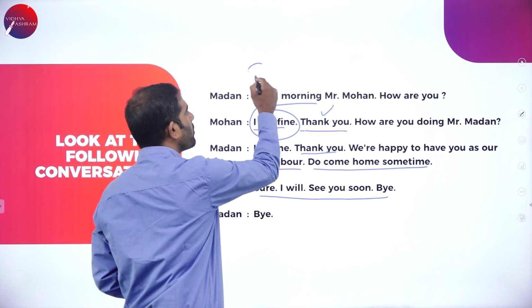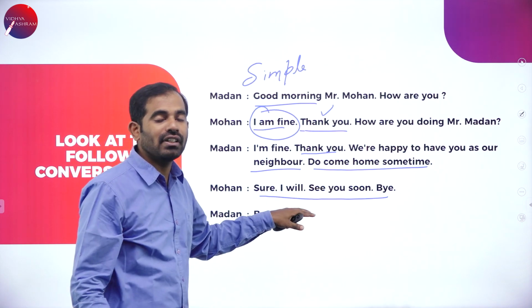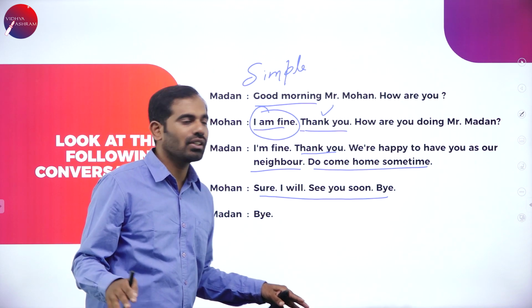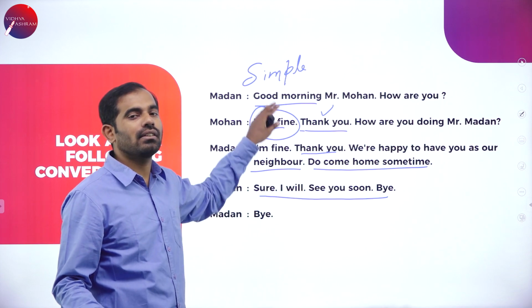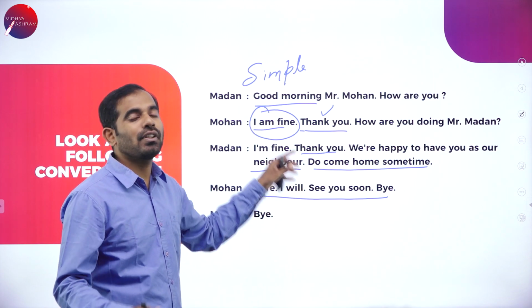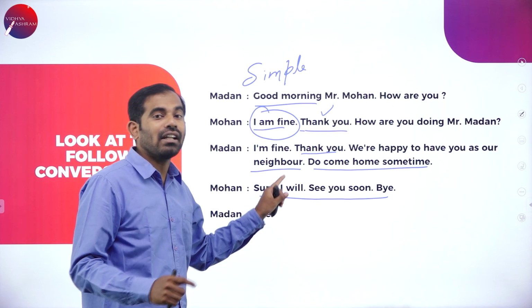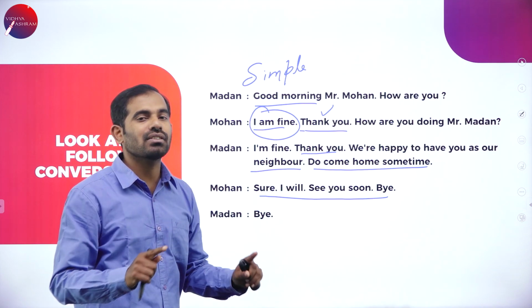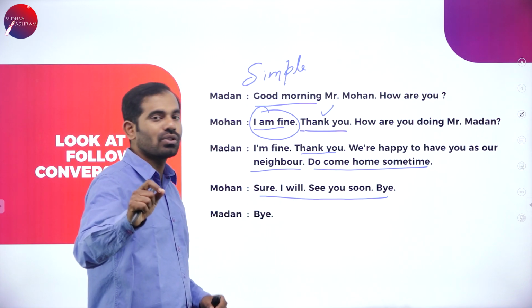It is very simple and straightforward, with no unnecessary talk. It is formal. You should identify that this conversation is between two neighbors and it is in formal language, straightforward, with no rubbish.